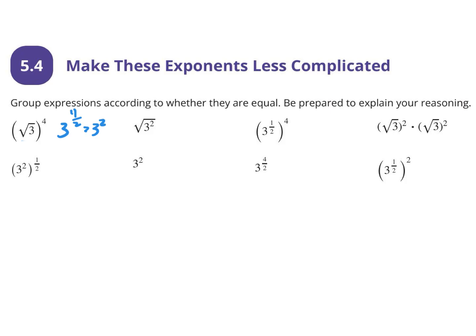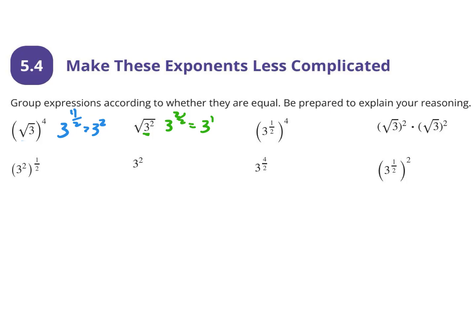And I'm going to leave it as 3 squared for now. This is 3 to the 2 over 2, which equals 1. So that's 3 to the first power. Now, when you take the square root of something squared, the radical just pops out. So hopefully we can recognize that now.